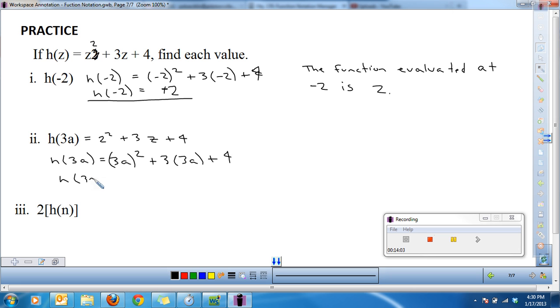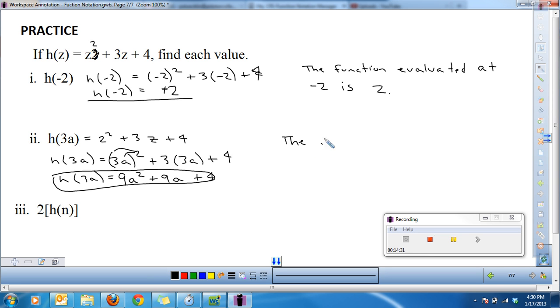Now, we haven't talked about exponents yet, but when you have a 2 on the outside of a term, you need to apply the square to both. So 3 squared is 9, a squared is a squared. Then you'll have 3 times 3a, which is 9a, and 4. None of this can be simplified, so our answer is h of 3a is 9a squared plus 9a plus 4.